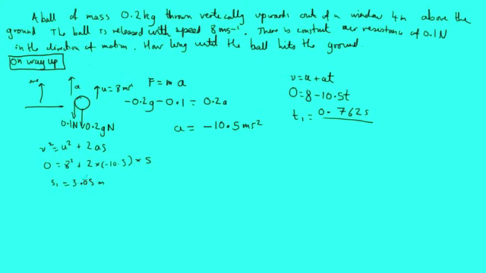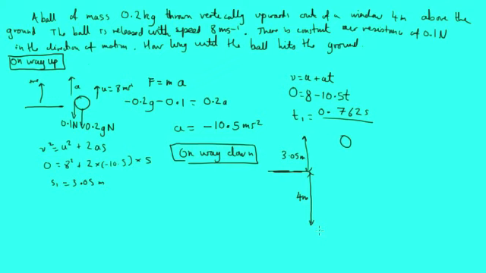Now, we're going to think about going down. So on the way down, if we start, this is where the ball started off. So the ball comes down, it's going to fall from up this height. This height here is 3.05 meters, and the window is 4 meters off the ground.